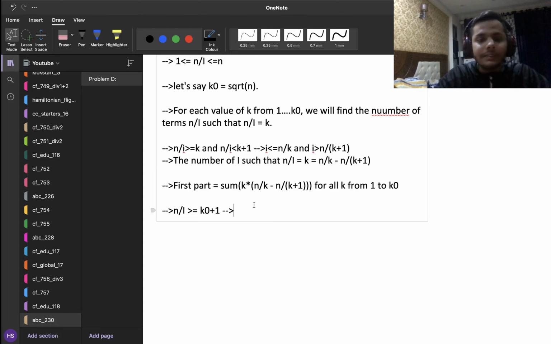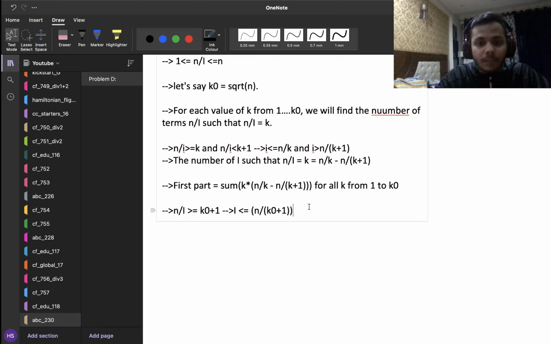And that's because if I know that n by i is greater than or equal to k naught plus 1, what that means is i is less than or equal to n upon k naught plus 1. And we know that k naught is nothing but the square root of n. So this term is nothing but n upon square root of n plus 1, which is around square root of n only.